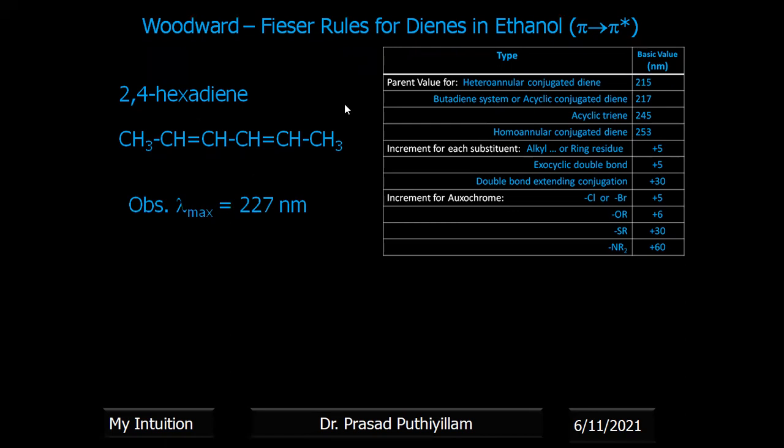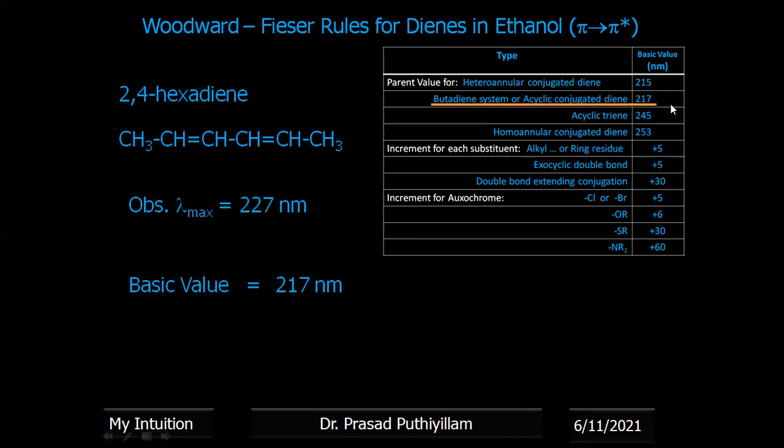The observed lambda max value for 2,4-hexadiene is 227 nanometer. That means if you take hexadiene in ethanol as solvent, the pi to pi star transition observed in the UV spectrophotometer reading is 227 nanometer. So we'll calculate it. It is a butadiene system, or acyclic conjugated diene, therefore the basic value is 217, which is given in the table.